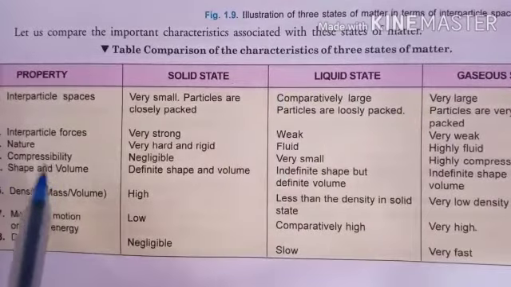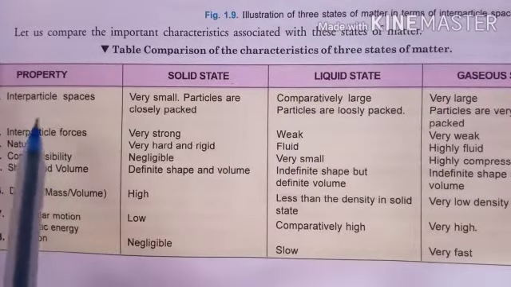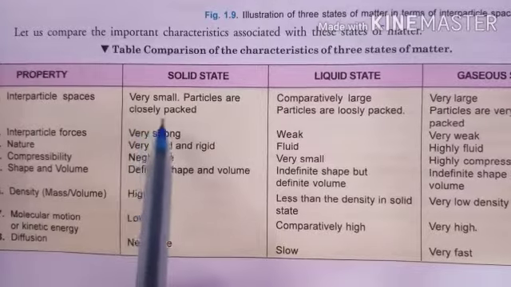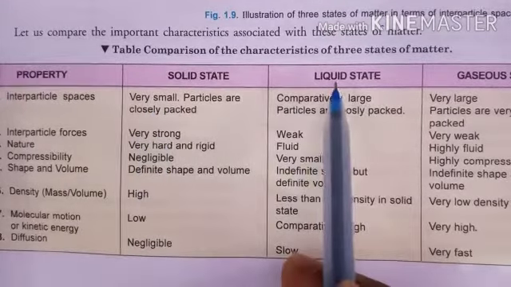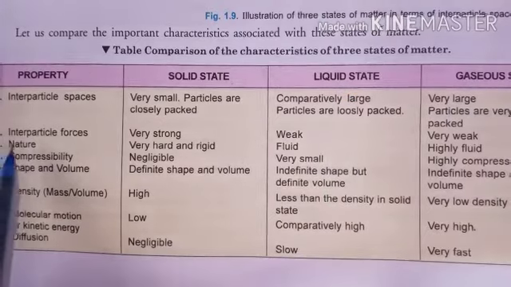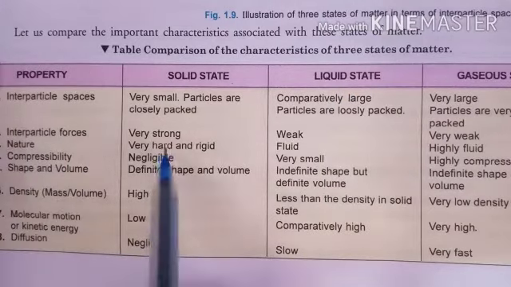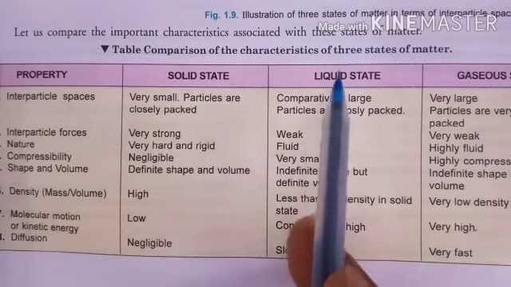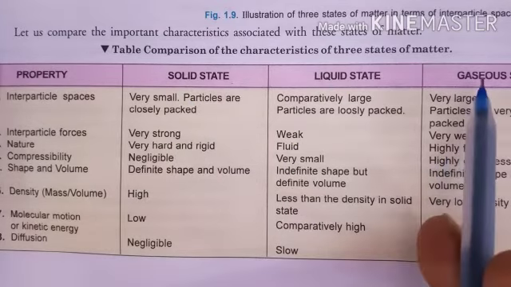Here you see the interparticle spaces. It is very small in solid, comparatively large in liquid, and very large in gas. Whereas interparticle forces are very strong in solid, weak in liquid and very weak in the gaseous state.